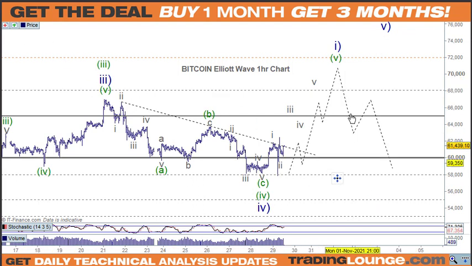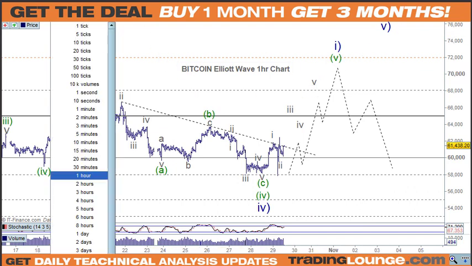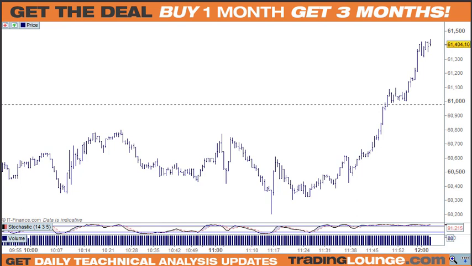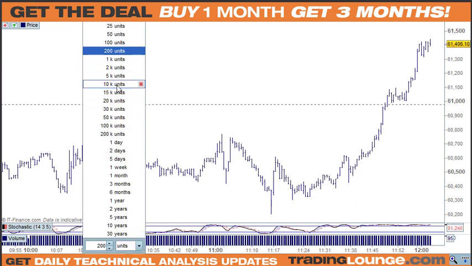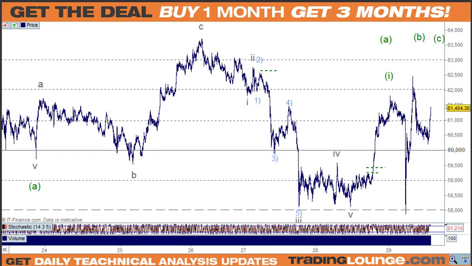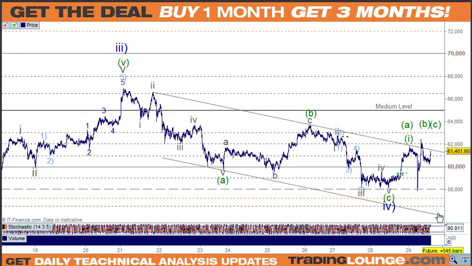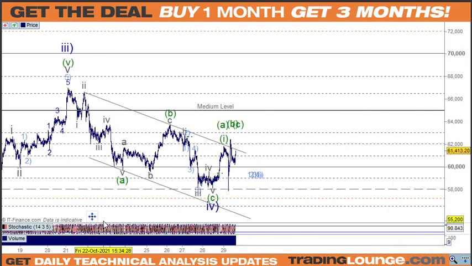But that's it. So let's just go to the intraday on the tick chart as we normally do and check it out. So let's get in some more data. Let's just get in a nice chunk. So we've got wave 3 with the A, B and C here.